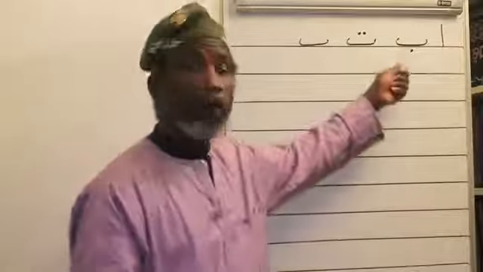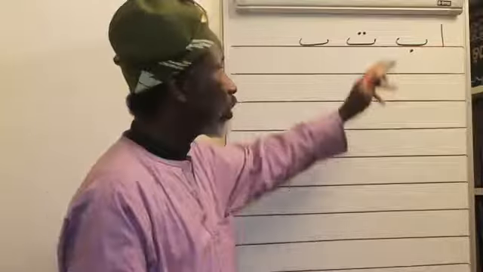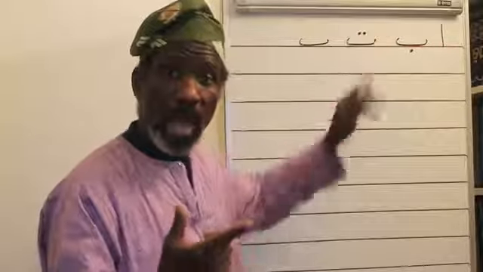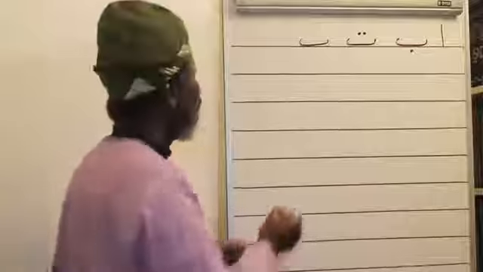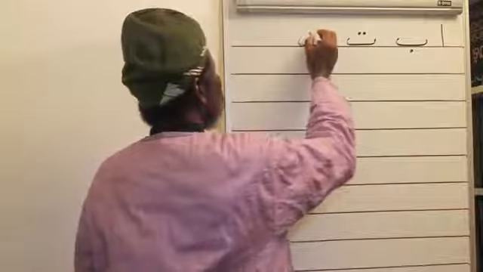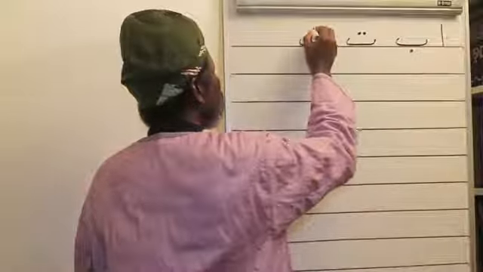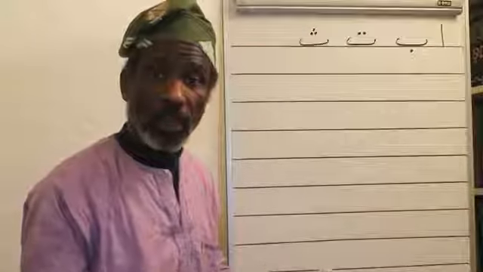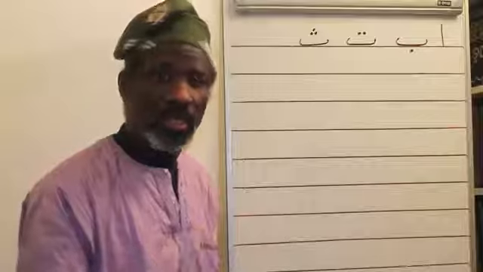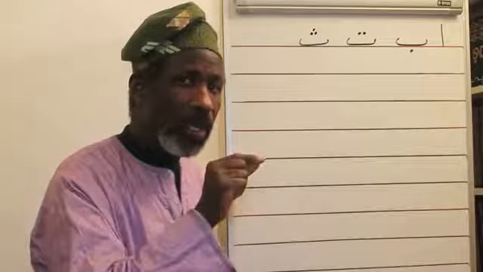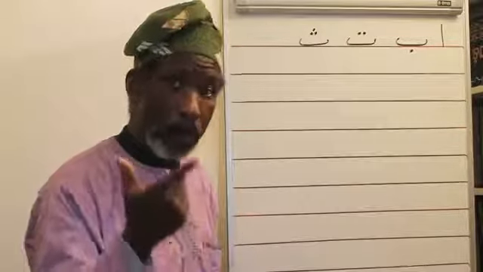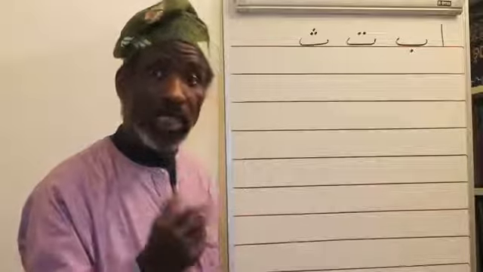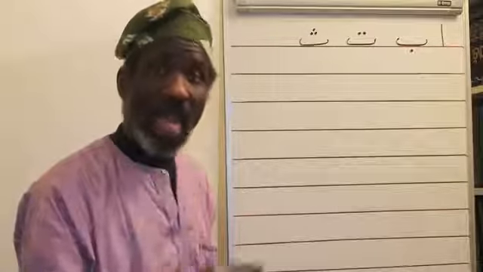So we have one below, ba, two above, ta. Let's put three dots, three dots, that's tha. So the boat family: one dot below, ba; two above, ta; three, tha.